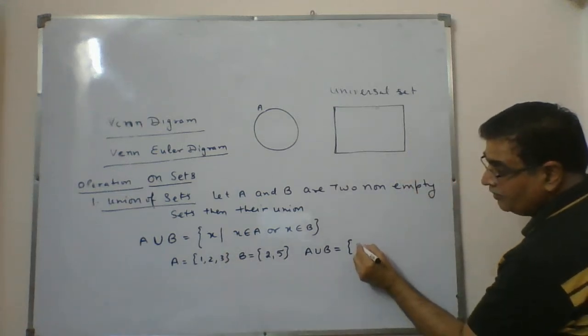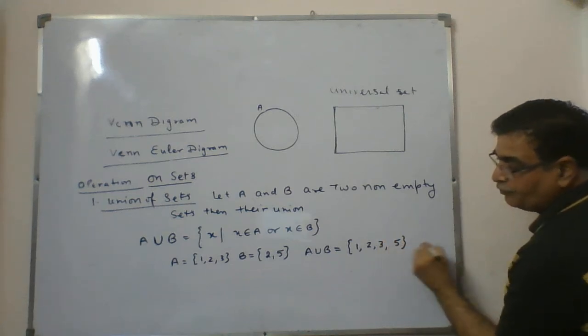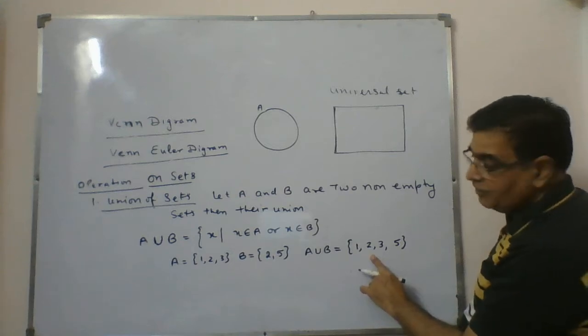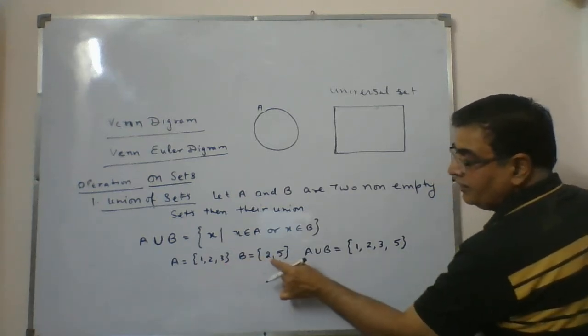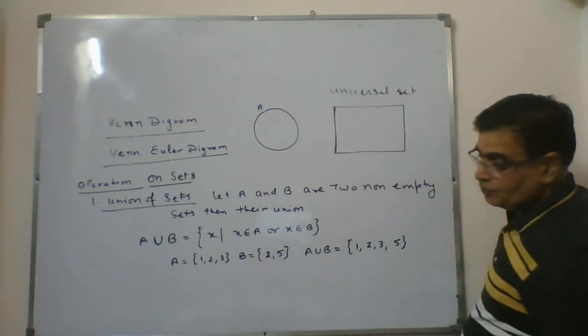So those numbers will be 1, 2, 3 and 5. I can't write 2 double. We should write it once only, because it is a member here also and here also. So 1, 2, 3, 5 will be the union.